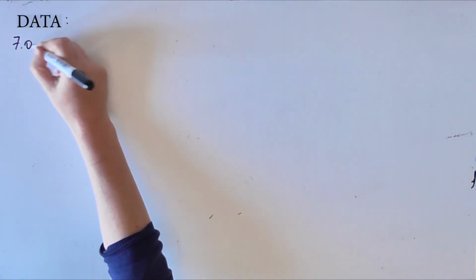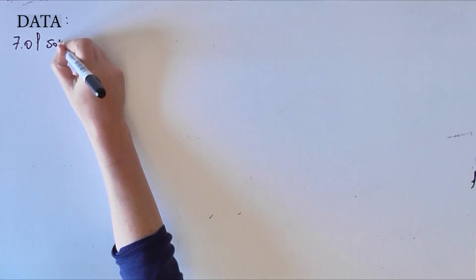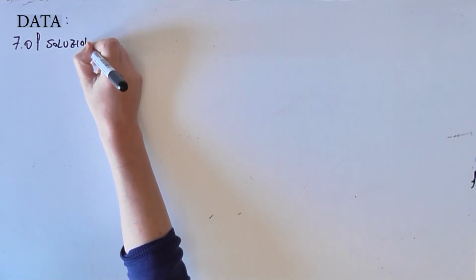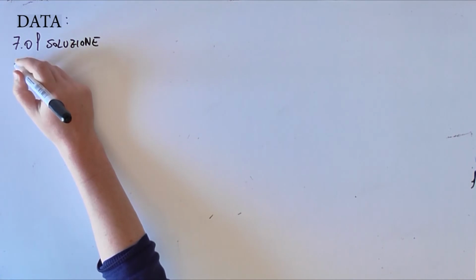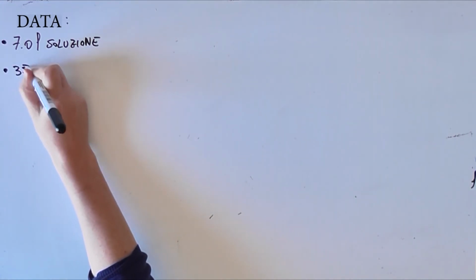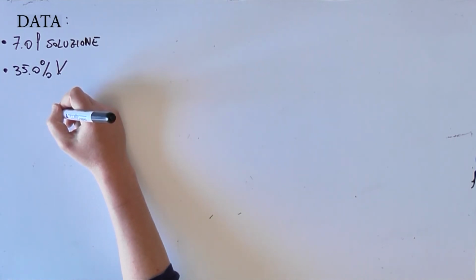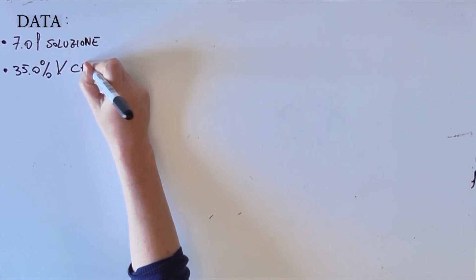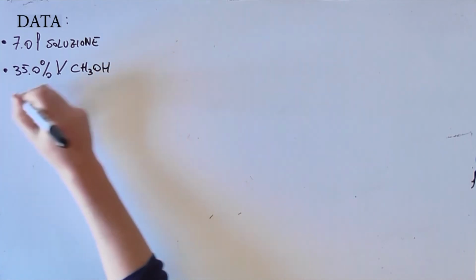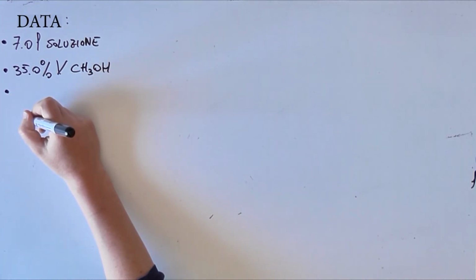Some anti-freezing mixtures are made by alcoholic solvents. Prepare 7 liters of solution, which is 35% by volume, this time, of methanol.